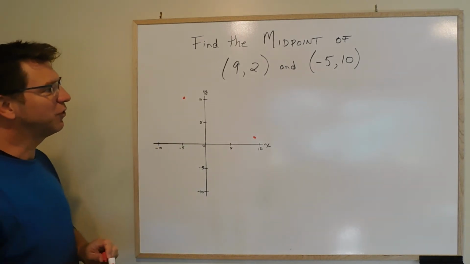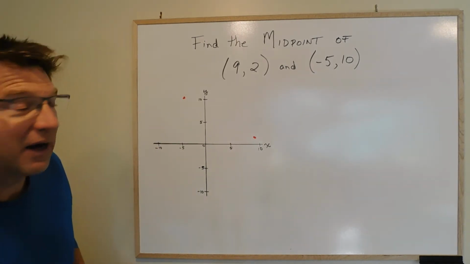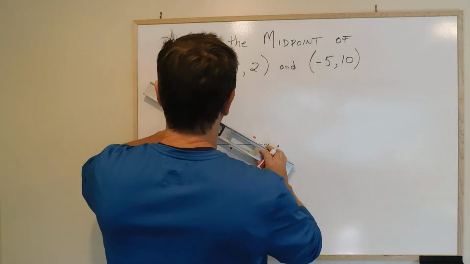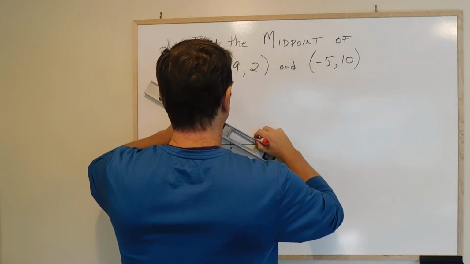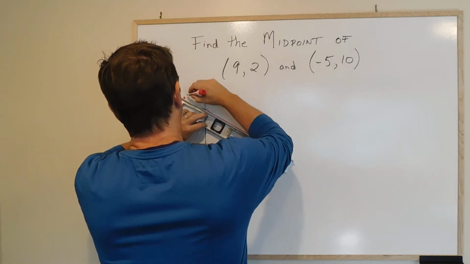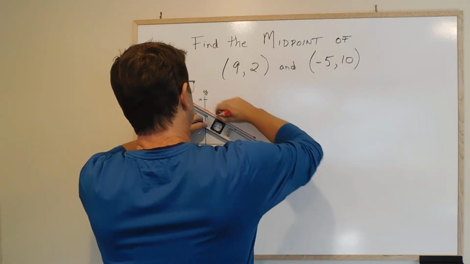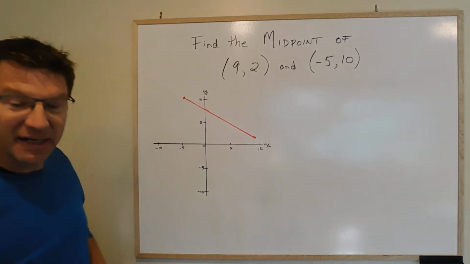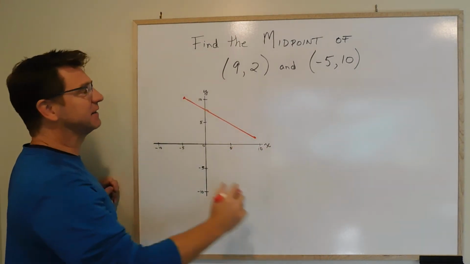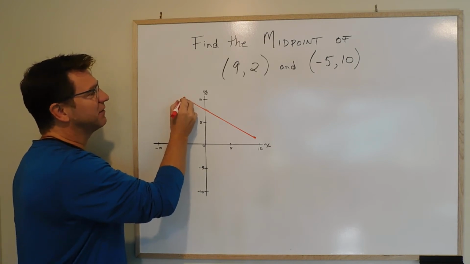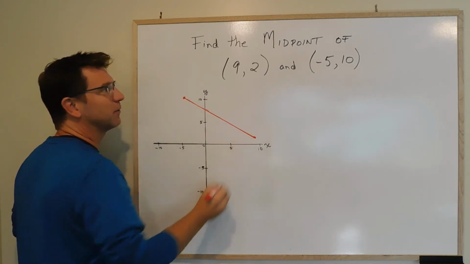Now if I join those points, I get a line segment, a piece of a line, because a line goes on forever in both directions. So I get a piece of a line that starts there and ends there.